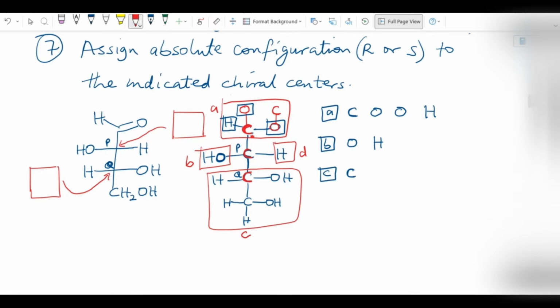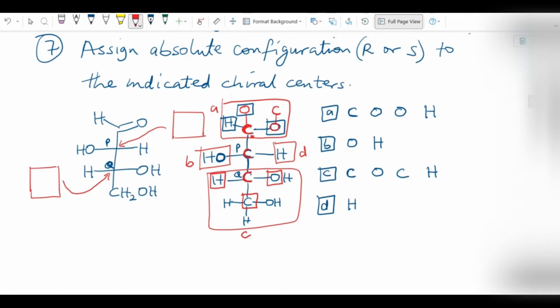Now I'm going to list the other atoms that are directly attached to that carbon C. So we have hydrogen, carbon, and oxygen. And I'm going to list those atoms in descending order of atomic number. So oxygen has the highest atomic number, so I will write that first, followed by carbon, then followed by hydrogen. Then lastly, D. D has just hydrogen.